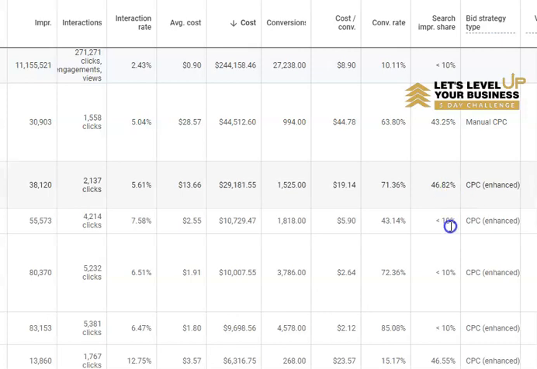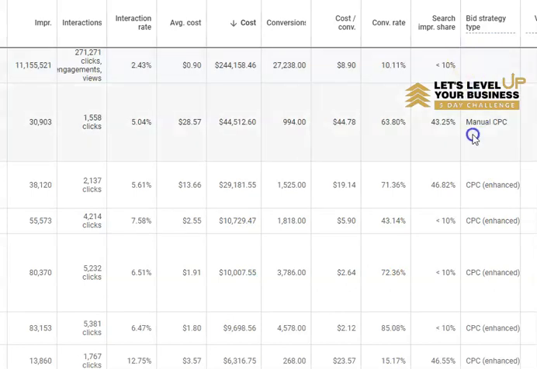Now you can see that it goes down for certain ones. This could be relative to different types of campaigns or lower types of budgets. You can see with the lower budgets, you're not going to be able to get as much share of the impressions that come through from the ads, but you can see that these advertisers did spend a good amount of money.